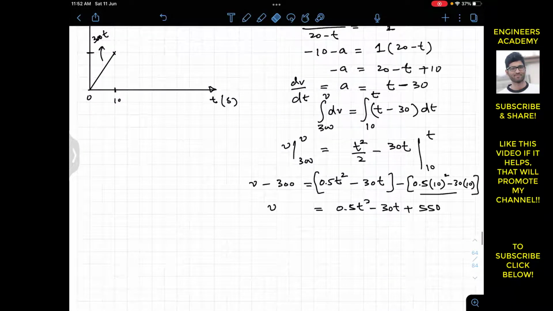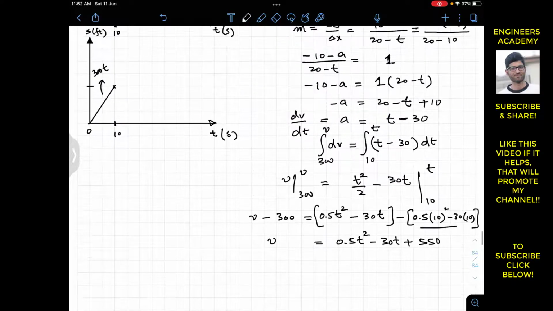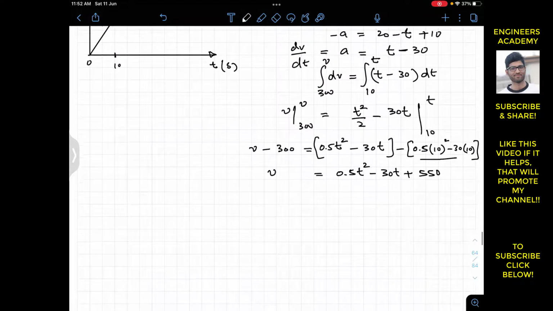Now this is a quadratic equation, and this is 0.5t². Now let's find the velocity when t equals 20 seconds, right? Since this interval ends at 20 seconds, we have to find the velocity at t equals 20 seconds.